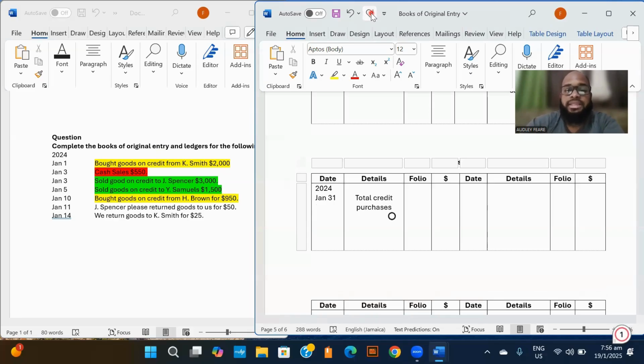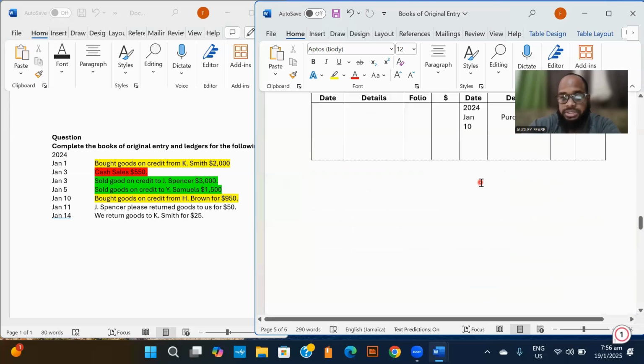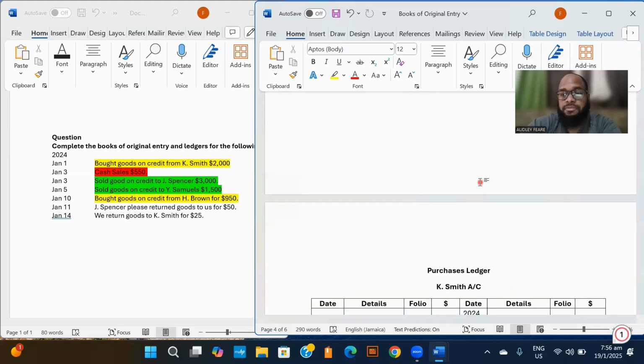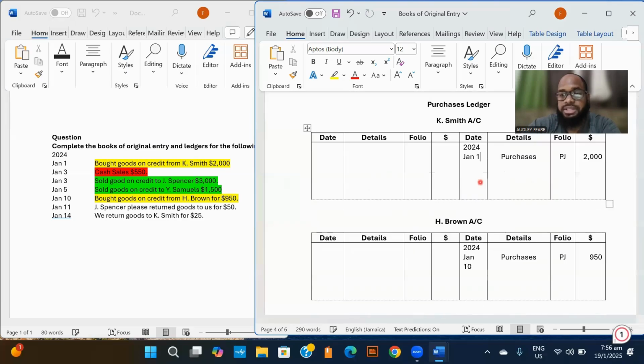All right. And then the folio, where is it coming from? It's coming from the purchases journal, and the total was 2950. And that's how we work the purchases account in the general ledger, the accounts for our creditors in the purchases ledger, and of course, the purchases journal itself.